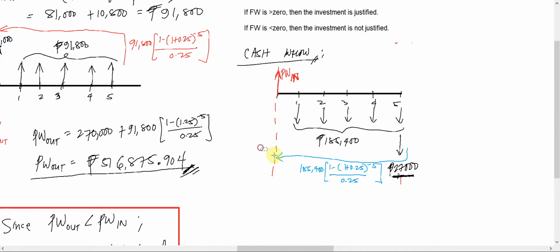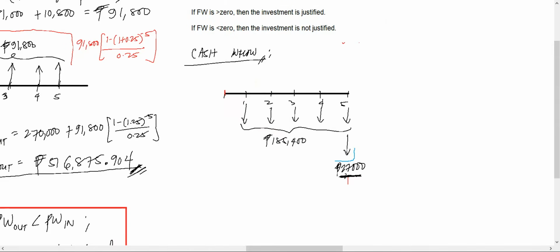Okay? Ayusin lang natin. Tanggalin ko lang yung mga iba, yung present worth. Dito, sa cash inflow, ang sosolve natin is the future worth. Gawin natin kulay blue na lang. Sabihin natin, this is the future worth of the cash inflow. Yung 27,000, nandiyan na yan. Yung 185,400, yun na lang isosolve natin, annuity.